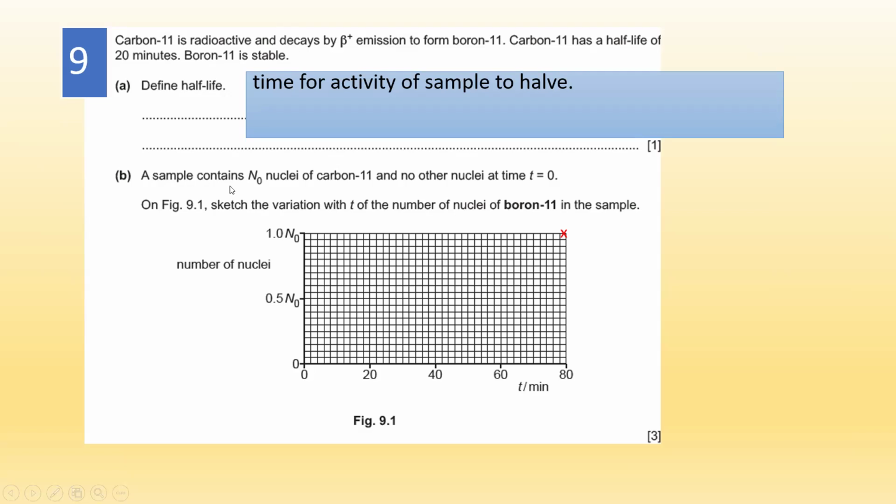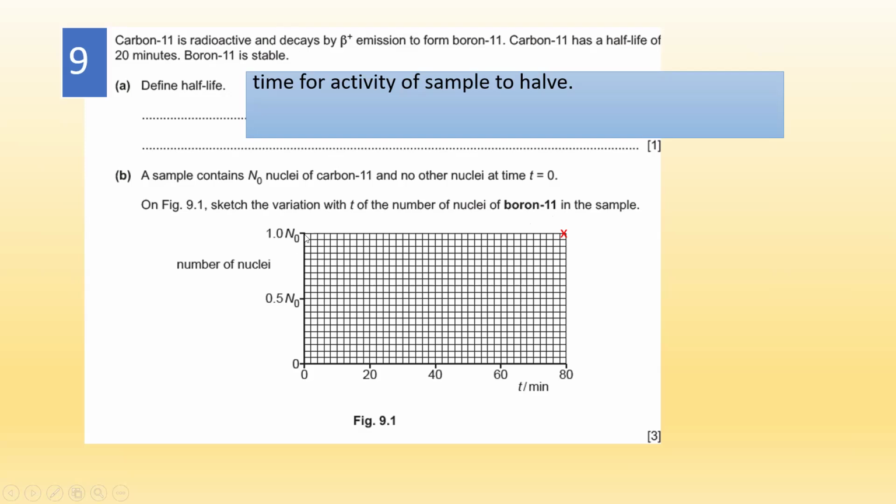The sample contains N0 carbon and no other nuclei at time t equals 0. Figure 9.1, sketch the variation with time of the number of boron 11 in the sample. So we start with this one. Carbon, so boron is 0.